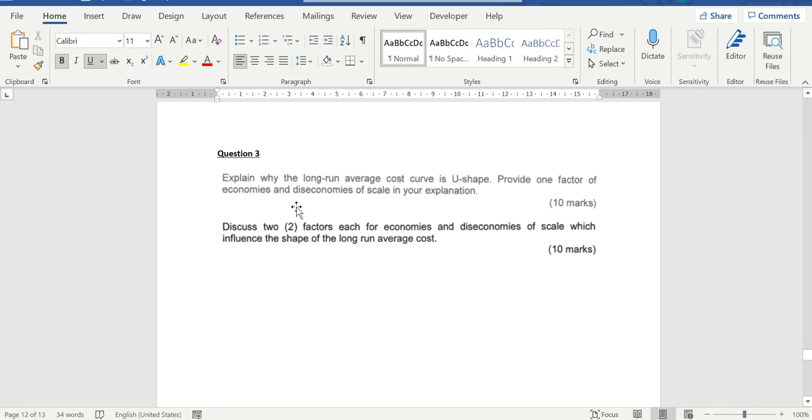Okay, explain why long run average cost curve is U-shaped and provide one factor of economies and one factor of diseconomies in your explanation. So untuk yang ni you kena draw U-shape dia. Okay, make sure you draw correctly. Yang ni turun sampai kat tengah dia constant dan dia start melingkar. Long run average cost. Ini adalah quantity.